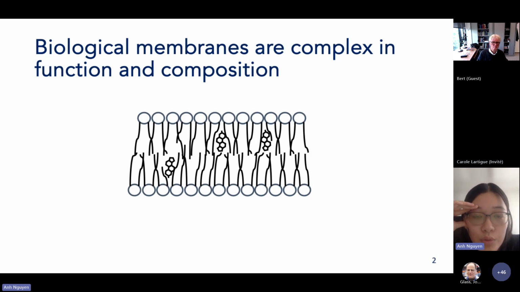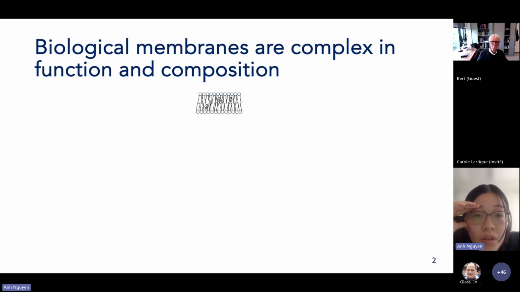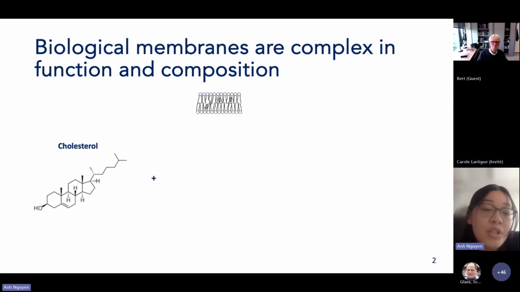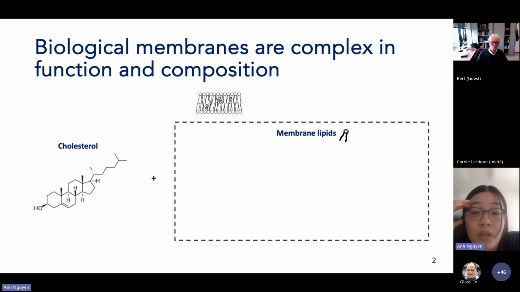And in order to do this, they use lipids, and actually a lot of different types of lipid. So which lipids are there? For mammalian cells and a lot of our minimal cells, they need cholesterol. And most of the complexity comes in with the other types of membrane lipid, where you have one head group and 2 or 4 different acyl chains.